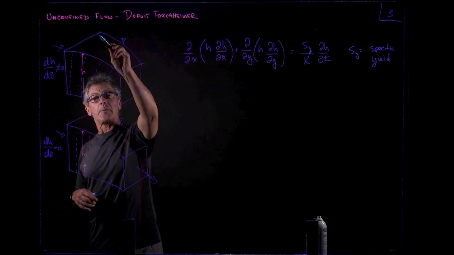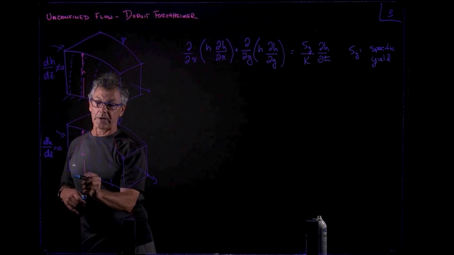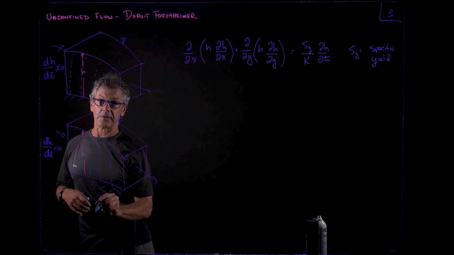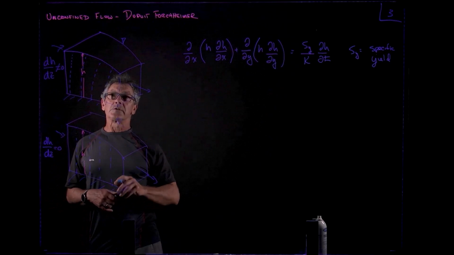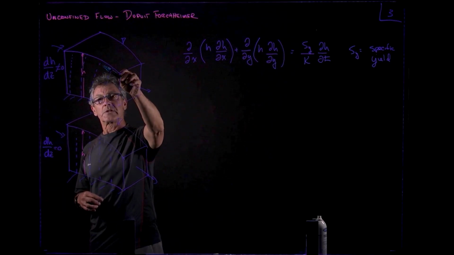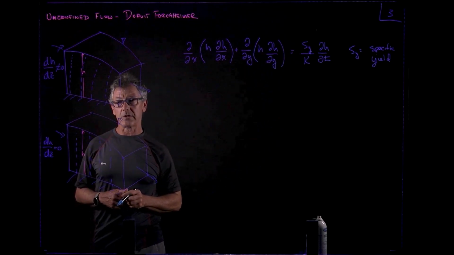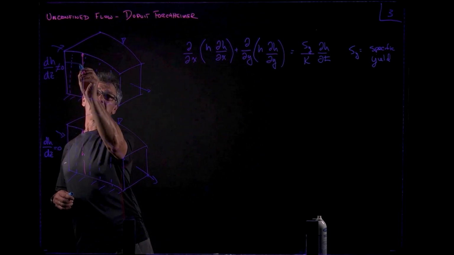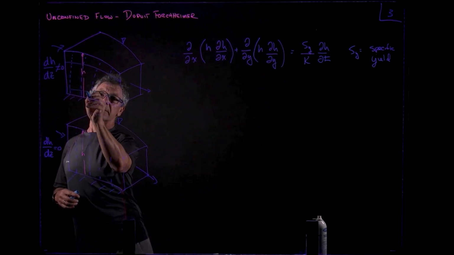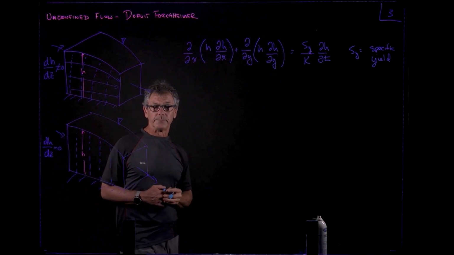However, now the top of this thing is the water table, and the bottom is still a confining unit. So we need to be able to handle this sloping water table, which suggests that we have these sloping potential lines, which means that our flow lines are going to do something like this. They're going to converge, and that's going to be complicated.